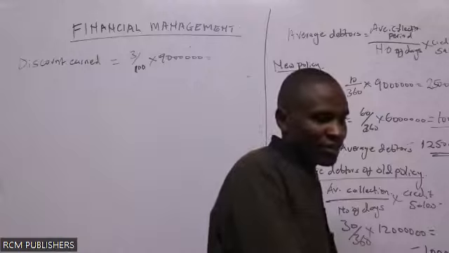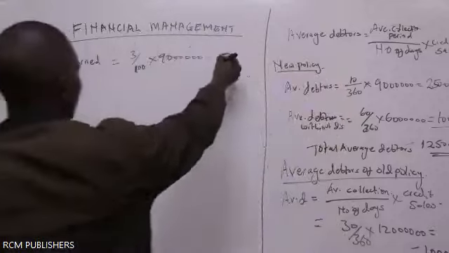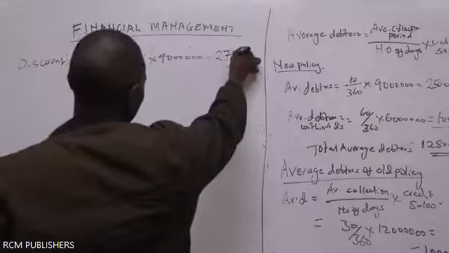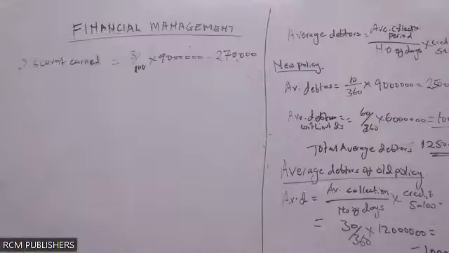Yes, it's 270. Now you know the discount is a percentage. Yeah, discount is a percentage. So the first person will be okay. Thank you.